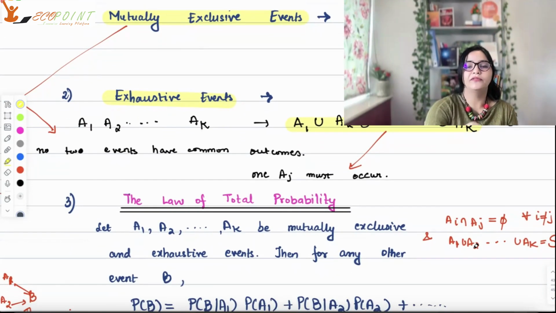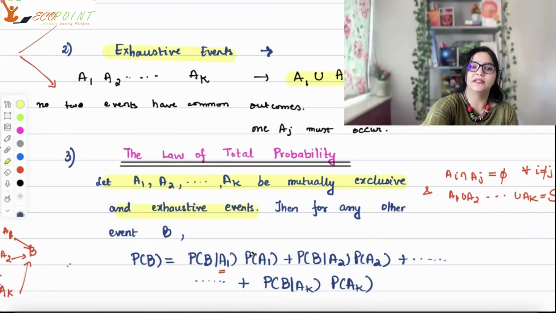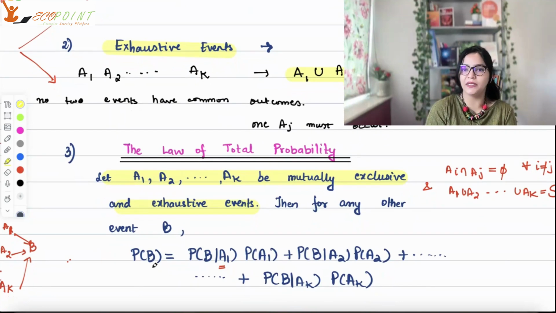Now, the law of total probability. The law of total probability says let A1, A2 till AK be mutually exclusive and exhaustive events. Then for any other event B, probability B is equal to probability B given A1 multiplied by probability A1 plus probability B given A2 into probability A2, so on and so forth till AK.